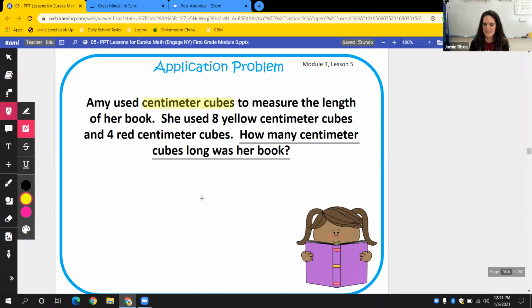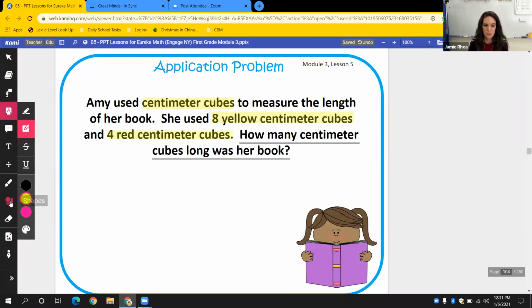She used 8 yellow centimeter cubes and 4 red centimeter cubes. Are there any clues there? Now, the next part is a question that we have to answer.